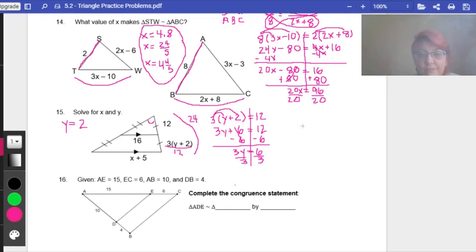Okay, so I can say 12 over the whole thing is 24 equals 16 is on the small one over, and x plus 5 is the big one.